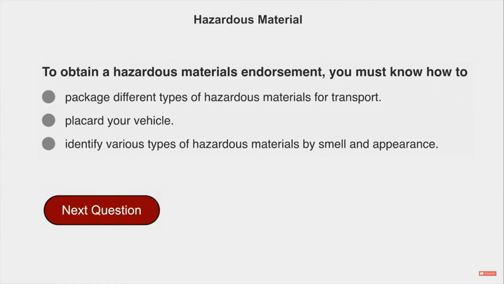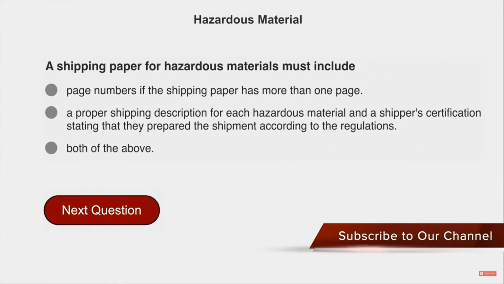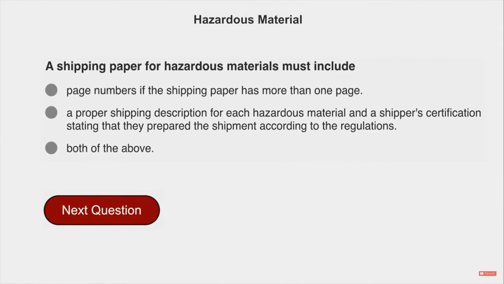To obtain a hazardous materials endorsement, you must know how to placard your vehicle. A shipping paper for hazardous materials must include both of the above: page numbers if the shipping paper has more than one page, and a proper shipping description for each hazardous material and a shipper's certification stating that they prepared the shipment according to the regulations.